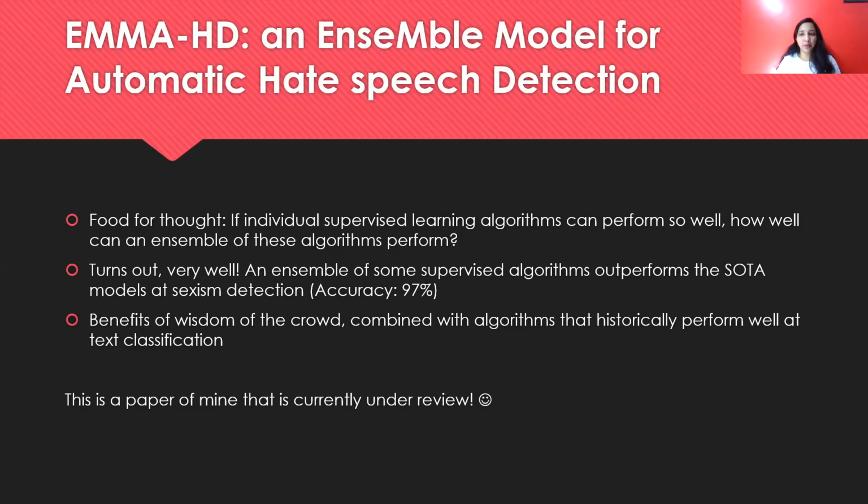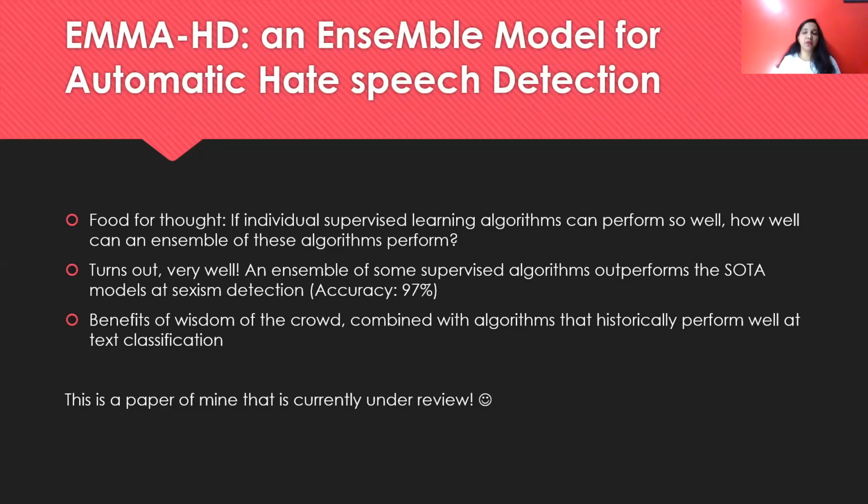And although our problem statement was a little bit different initially, more along the lines of cybercrime prevention and threat detection, definitely a part of our solution proved that an ensemble of naive Bayes classifiers, support vector machine, random forest, and decision tree could actually outperform the state of the art architectures at sexism detection, and this includes the deep learning architectures as well.